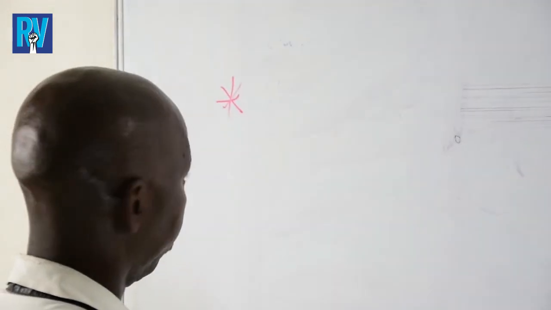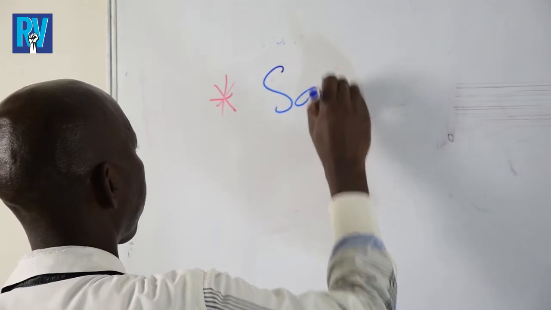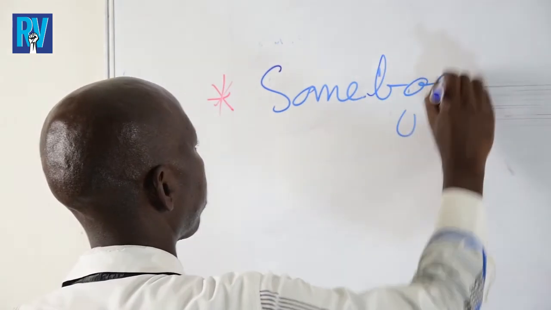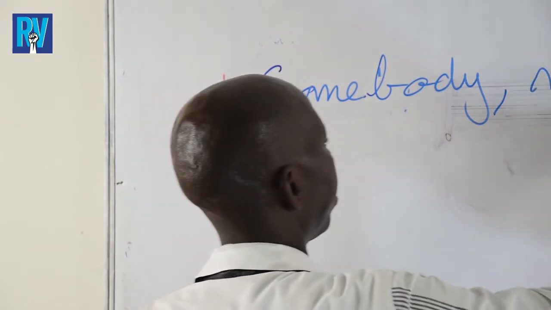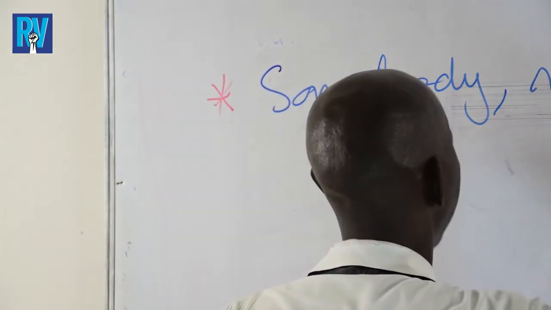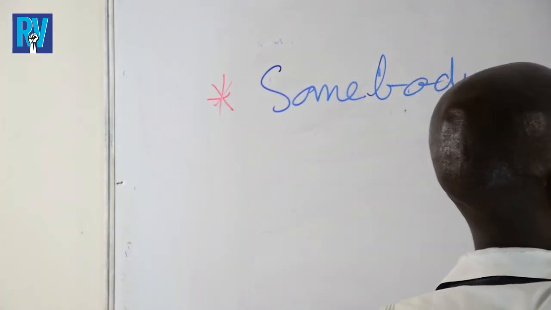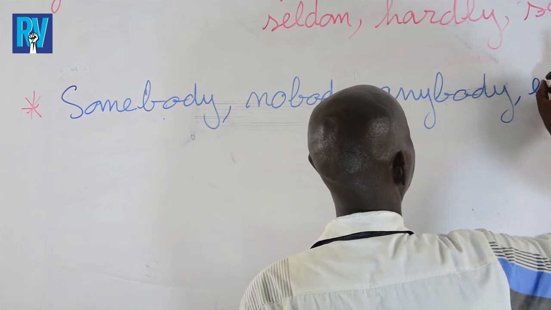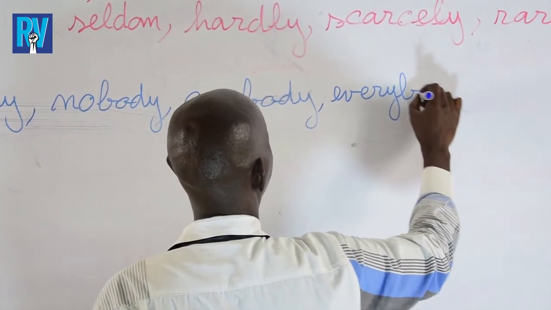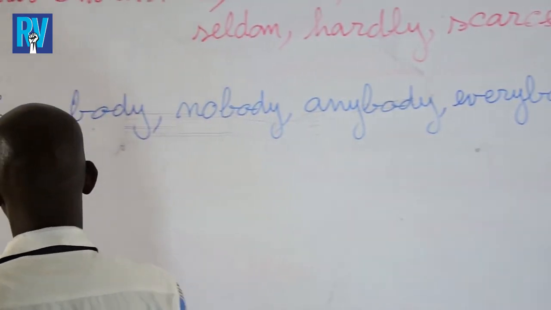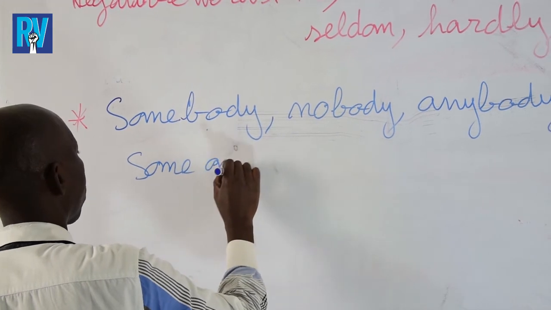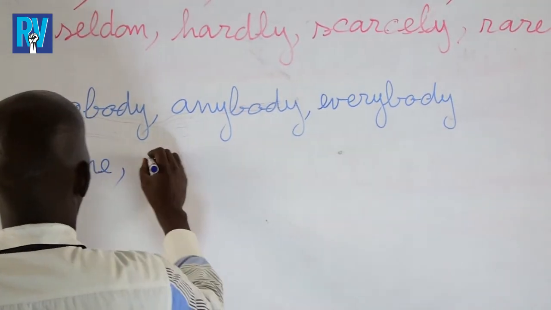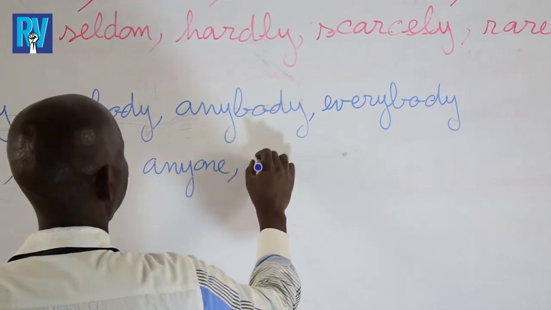These words: somebody, nobody, anybody, everybody, someone, no one, anyone, and everyone.